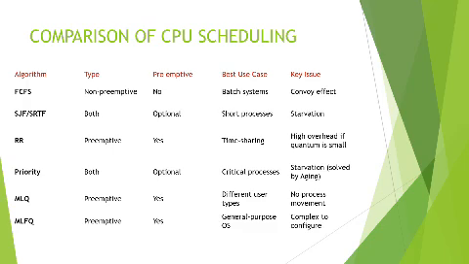Round robin is a preemptive type of scheduling and is good for time sharing. High overhead occurs when the quantum is very small. Priority is both preemptive and non-preemptive. Its best use case is critical processes, and it can lead to starvation. Multi-level queuing is a preemptive type of scheduling, where different users can use this type of scheduling. No process movement arises in this technique.